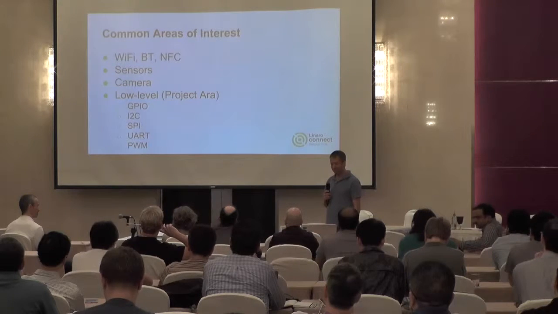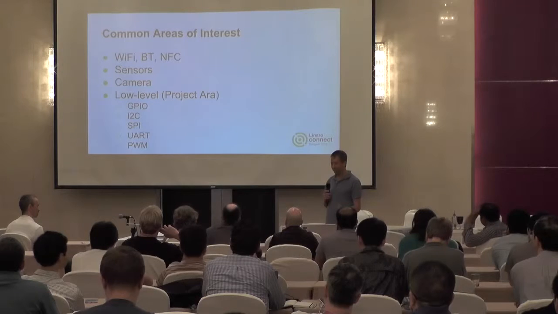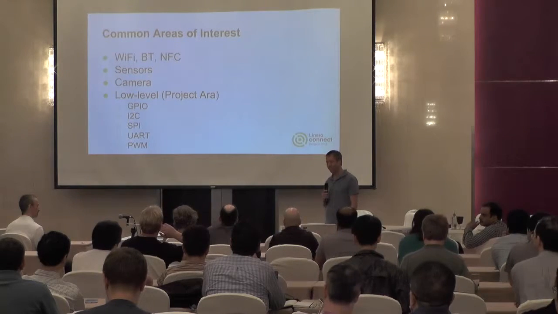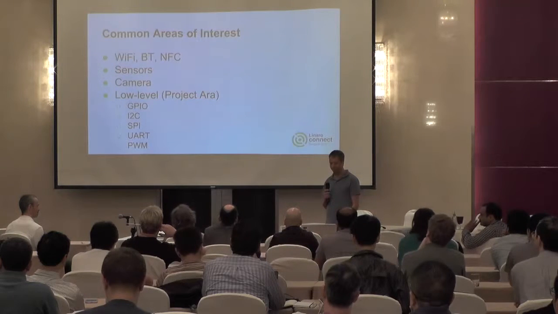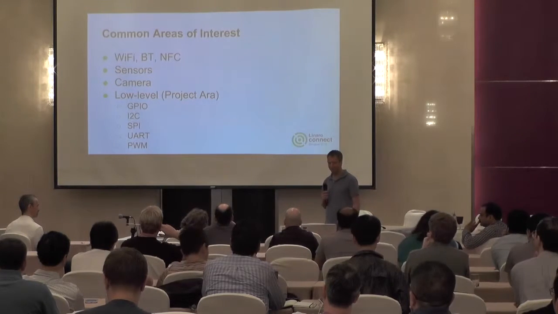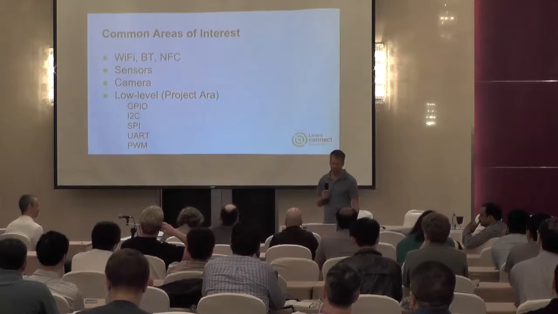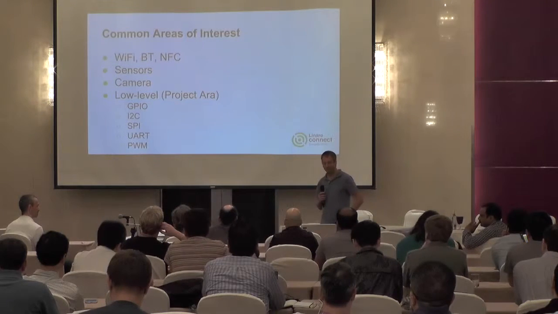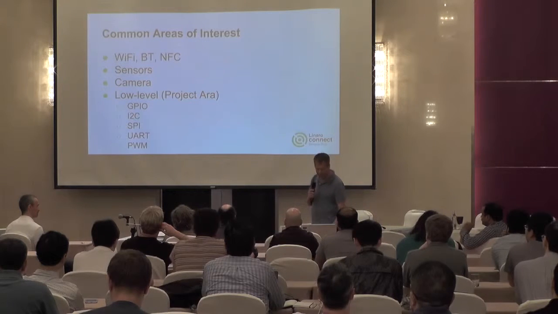One way to think of Project Ara is it's a phone of things. And the various modules that you can add on to the Project Ara phone are all interfaced through GPIO, I2C, SPI, UART, USB as well, and cameras on there as well. Feel free to ask questions anytime.